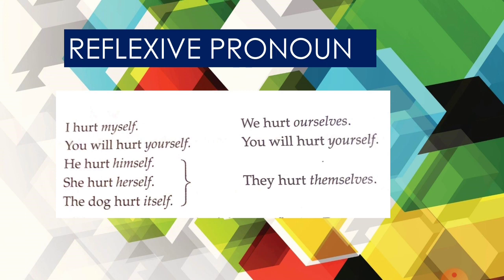So again, you and yourself are the same person, but we find the verb in between. He hurt himself. Again, he and himself are the same person, and himself is a reflexive pronoun. She hurt herself. Herself is reflexive. The dog hurt itself. Itself is reflexive. We hurt ourselves. Ourselves is reflexive. They hurt themselves. Again, themselves is reflexive.